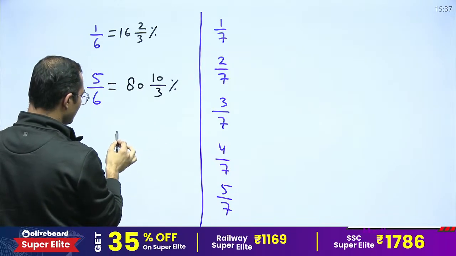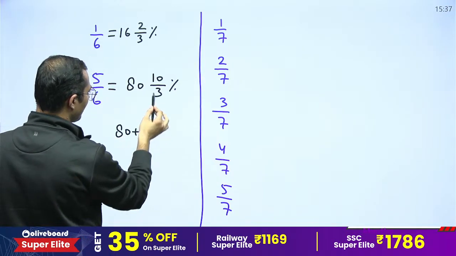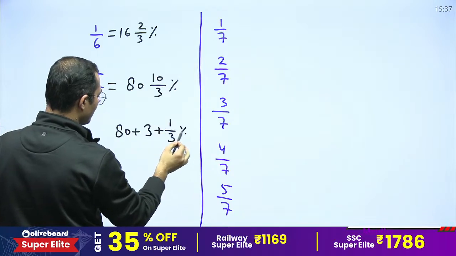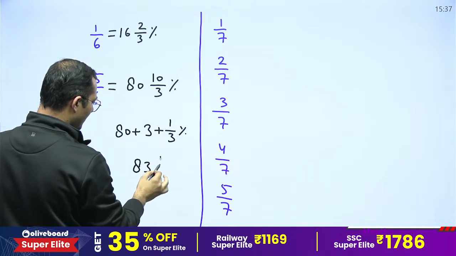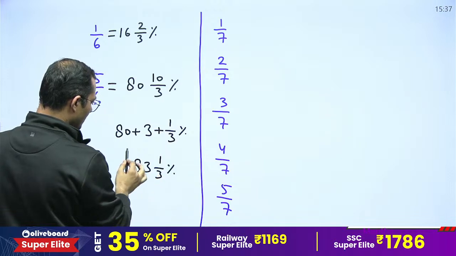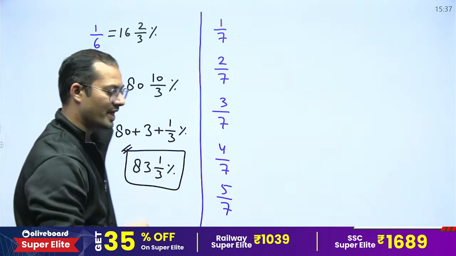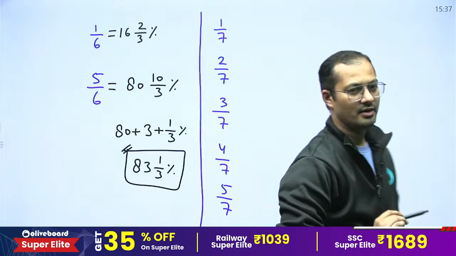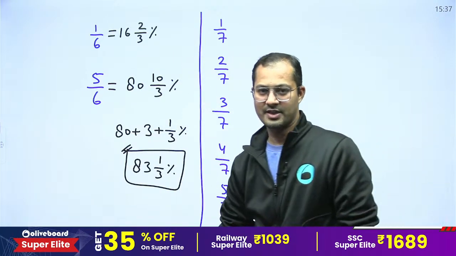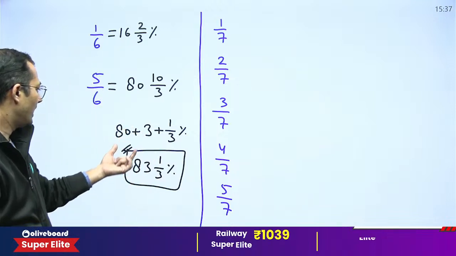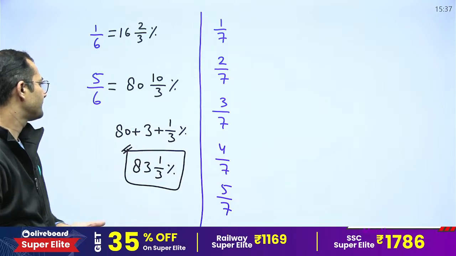So I already told you, so we can write it 80 plus 3 3s are 1 plus 1 upon 3, right? So directly we can say that 83 whole 1 upon 3%. So now you should understand why I am going to tell you each and everything in detail, right? Why we discuss about the mixed fraction in the percentage, right? So just because of this, I think this is more clear now.